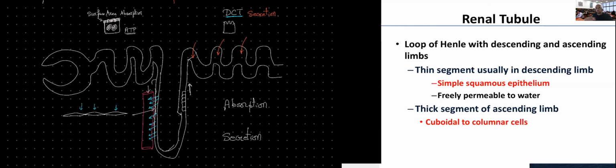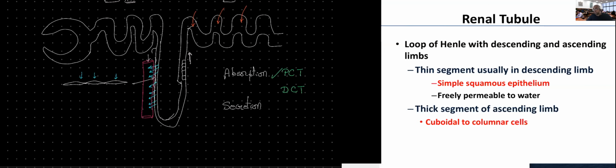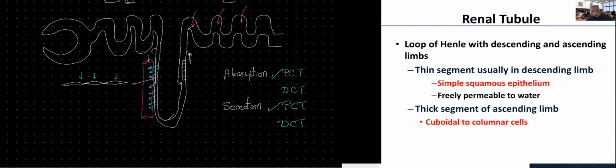Proximal convoluted tubules or distal convoluted tubules? All right, so actually, absorption is going to take place in both proximal convoluted tubules and distal convoluted tubules. Secretion is the same. It takes place in both. But where do I mainly perform absorption? In the proximal.